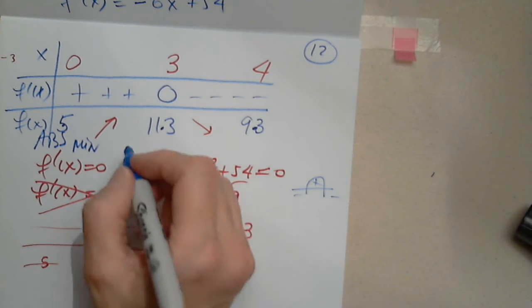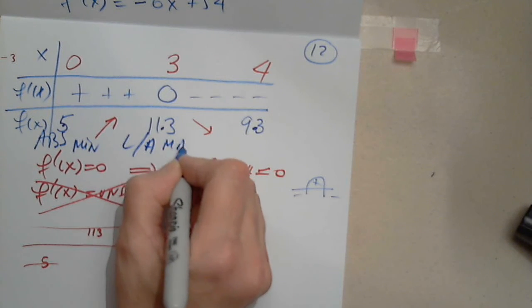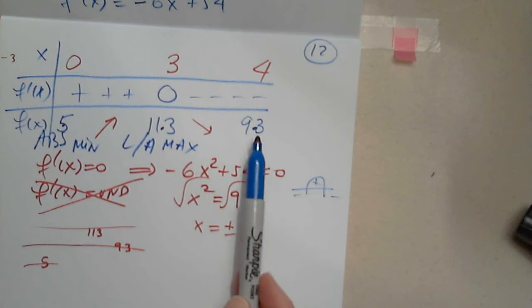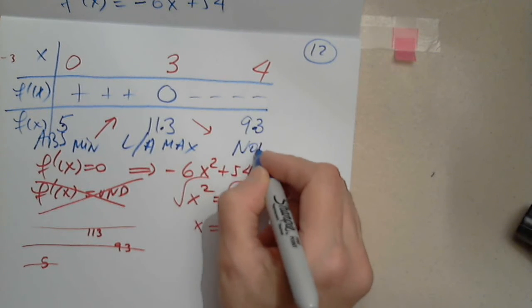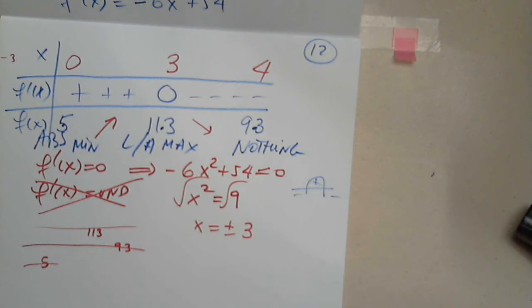Local and absolute max. And what does 4, 93 represent? Nothing. Very good. Do we feel better about this?